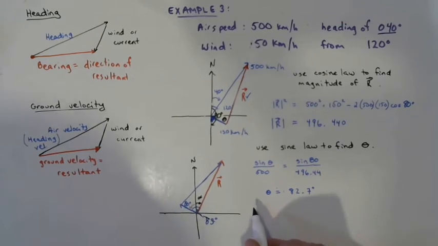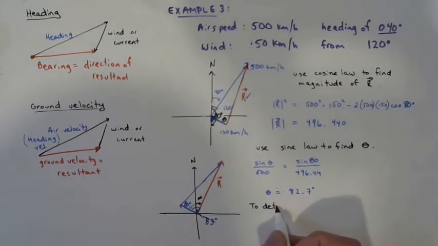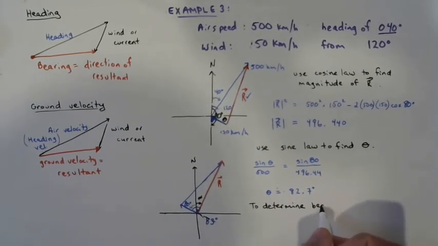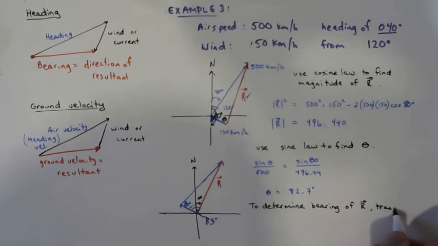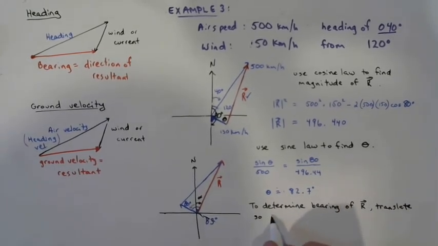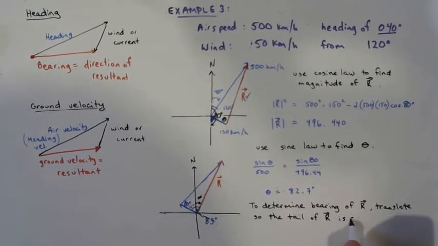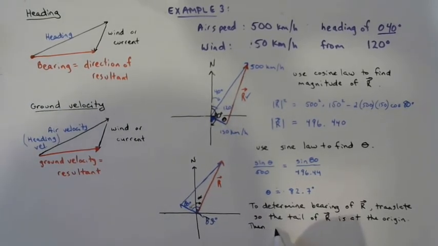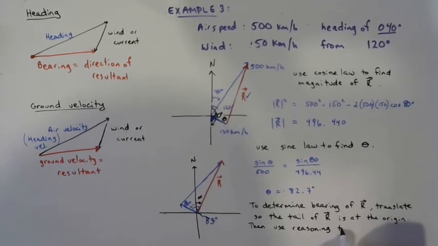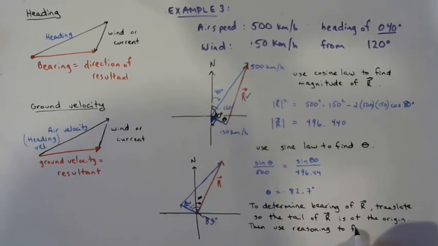So what are we going to do here? To determine the bearing of the resultant, vector r, translate so the tail of r is at the origin, then use reasoning to find bearing.